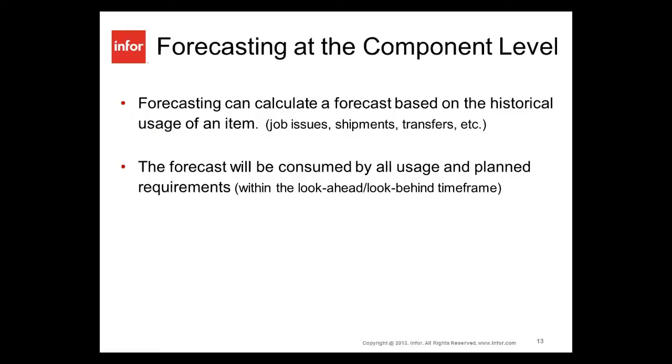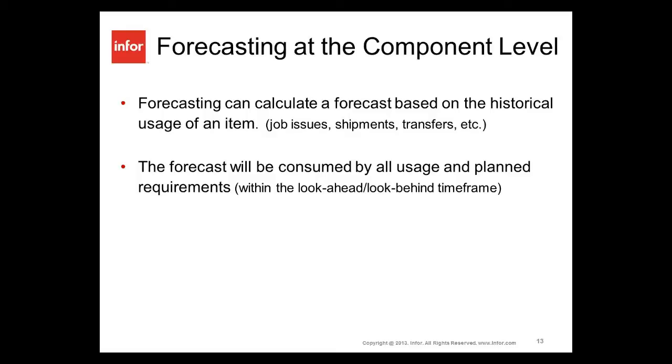Mentioned the component level forecasting. This is something that you won't see in very many ERP systems, but it's very common in the SyteLine customer base to have companies that don't make the same items over and over again and do need to forecast at the component level.